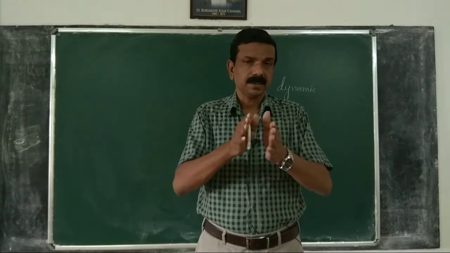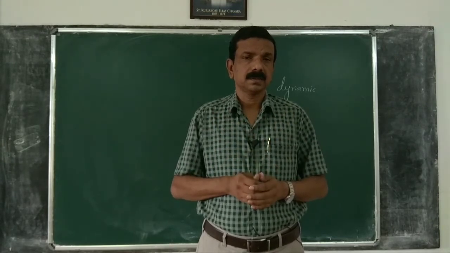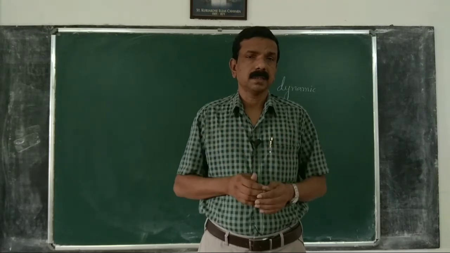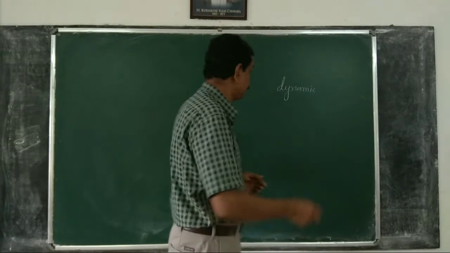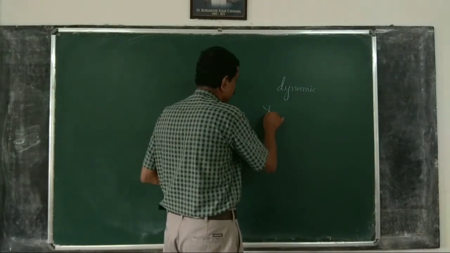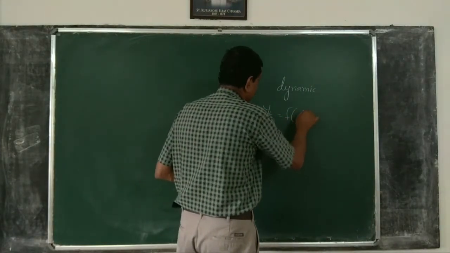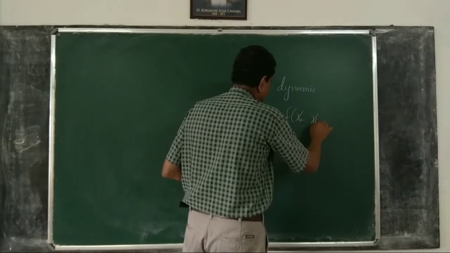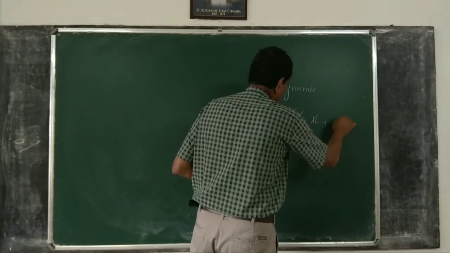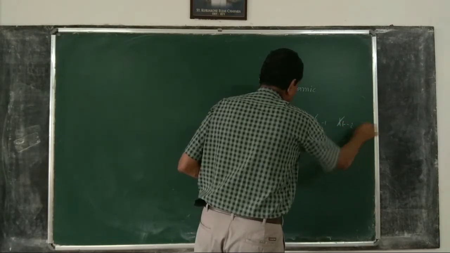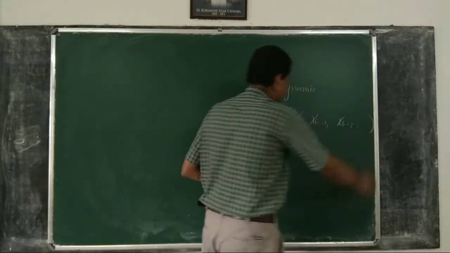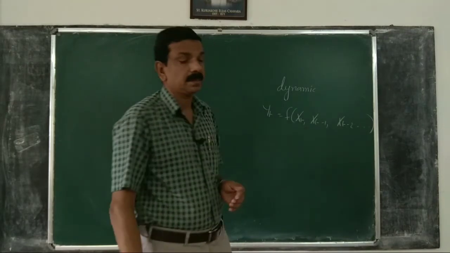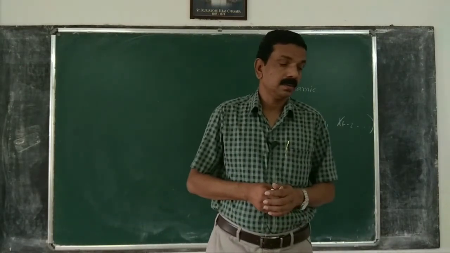We specify three ways in which the dynamic relationship can be modeled. One is we specify yt as a function of xt, xt minus 1, xt minus 2, etc.